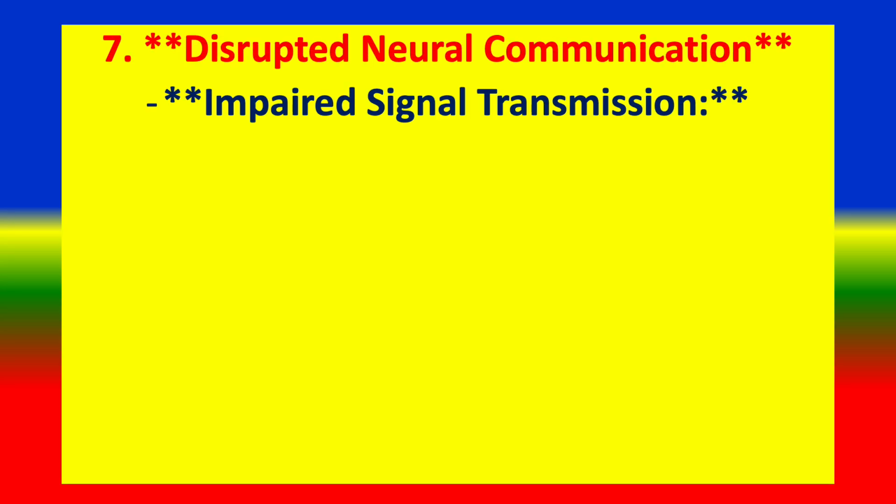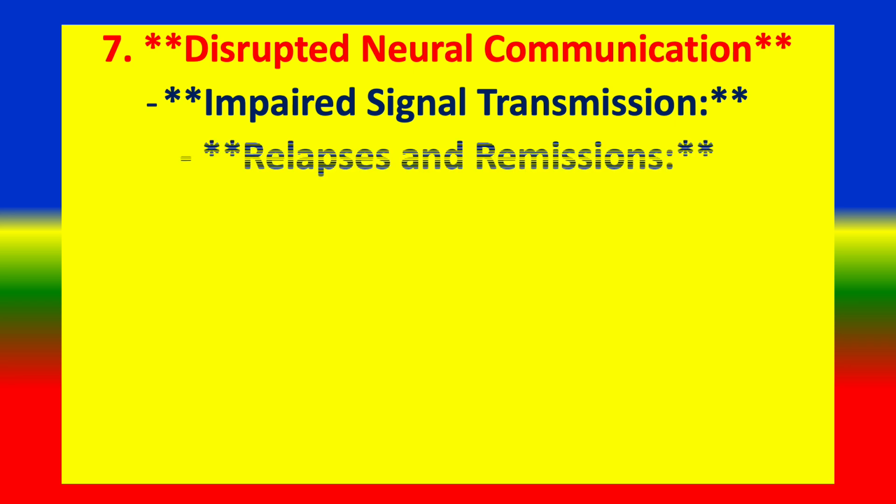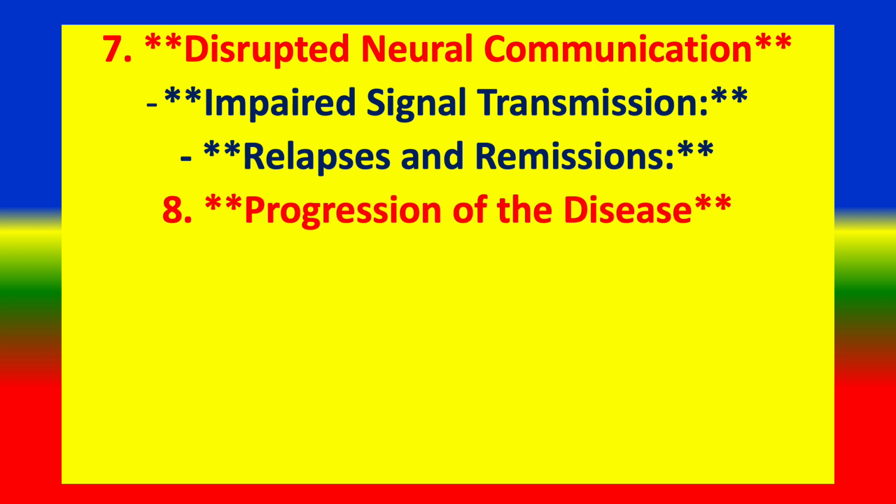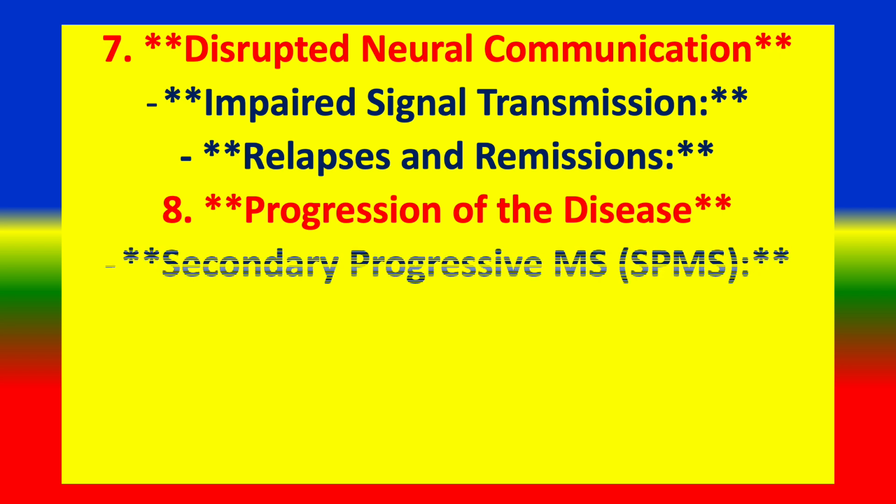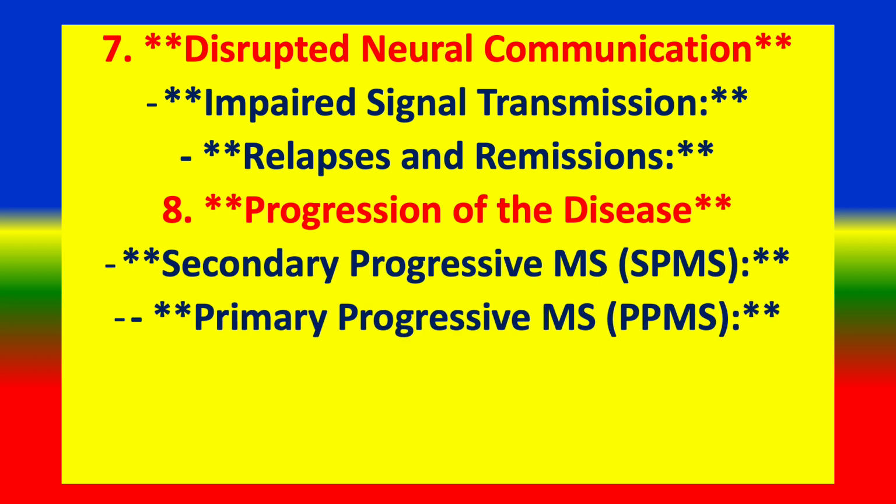Disruption of neurological communication, impaired signal transmission, relapses and remissions. 8. Progression of the disease: secondary progressive MS, primary progressive MS.